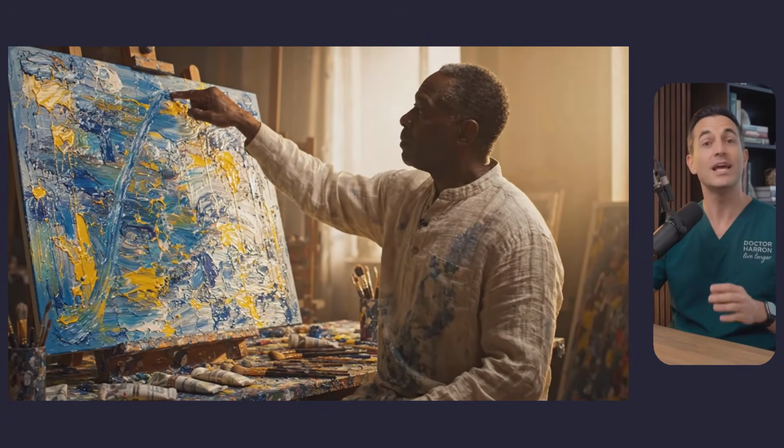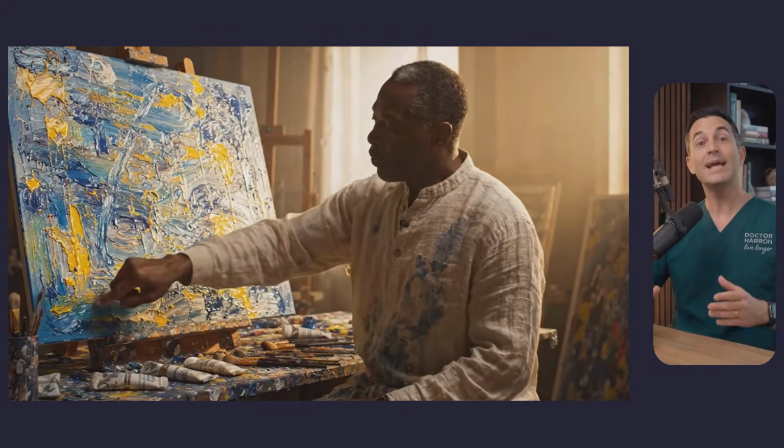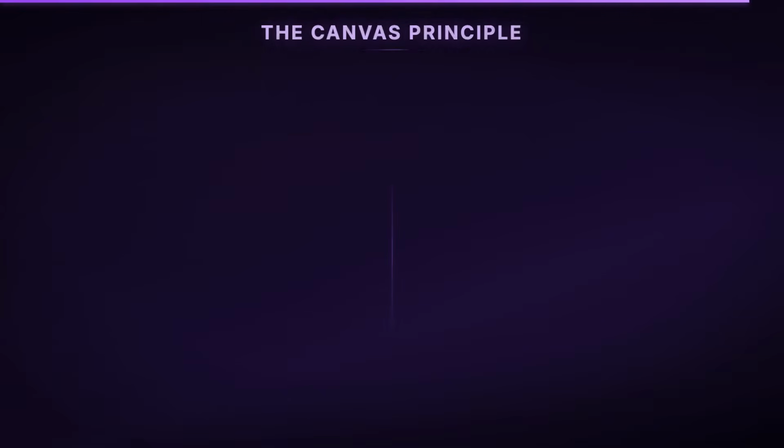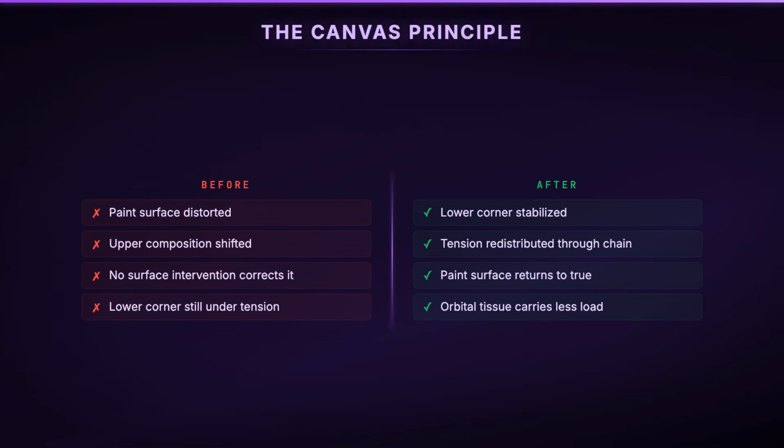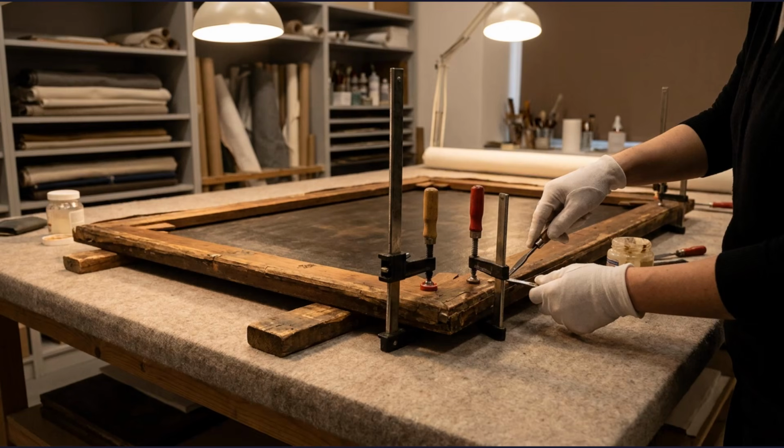The upper sections carry a subtle wrongness that no amount of work at the surface will correct. Restoring it means addressing the corner. The navicular is the lower corner of your canvas. The orbital surface above is where the distortion becomes visible. An art restorer who understood this would not touch the paint surface until they had stabilized the canvas beneath it. That is the logic of this press.